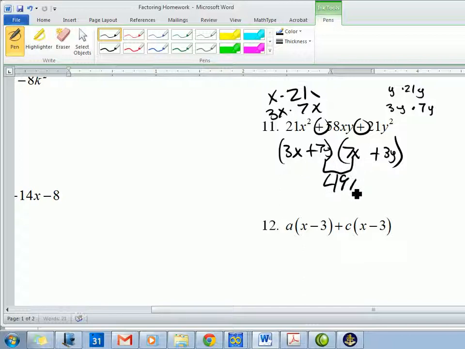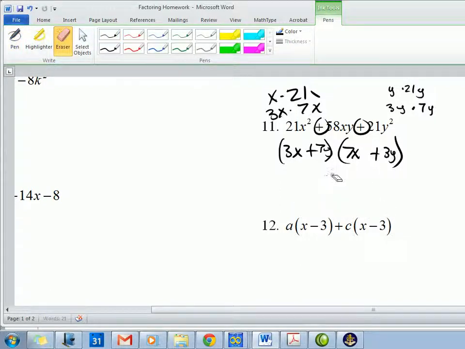It's going to be 49xy, and this right here is going to be 9xy. Now you tell me, if you combine those, is that going to give you 58xy? I believe so. So what that means is we got it. All right, that one's fairly easy, right?